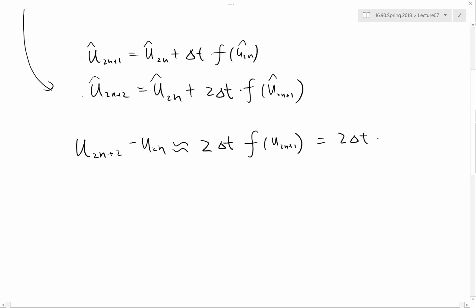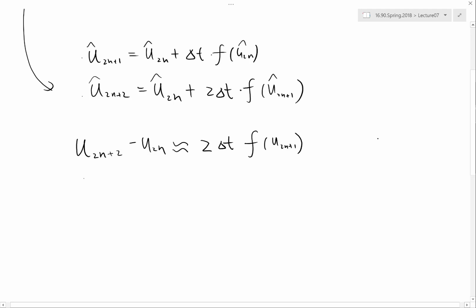times f evaluated at the true solution. So okay, let's expand Taylor series on these two terms.